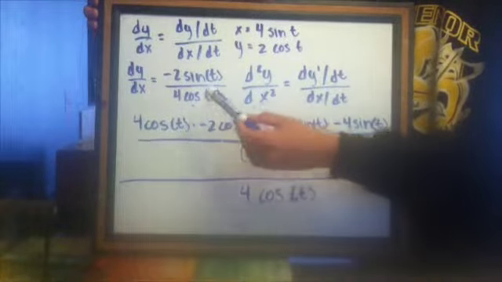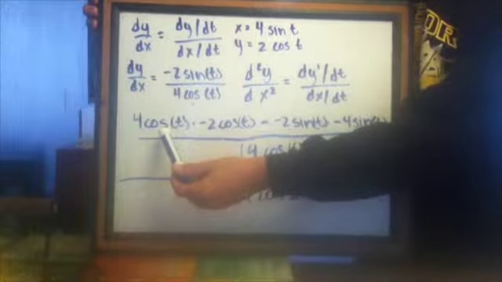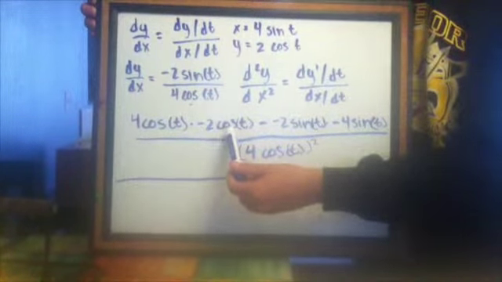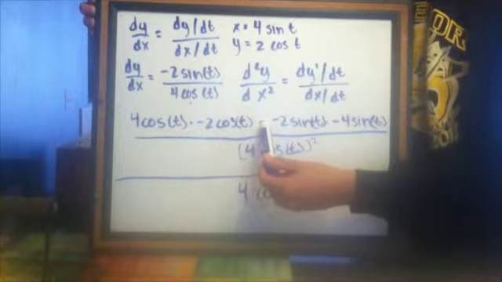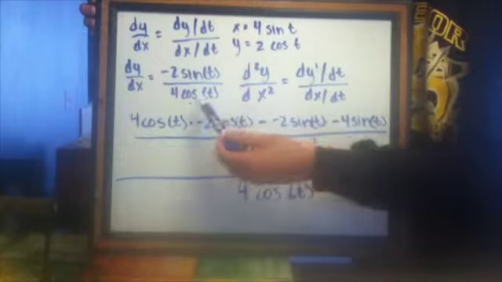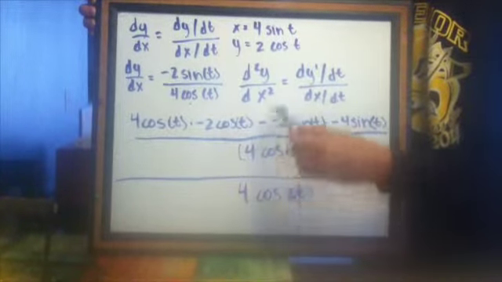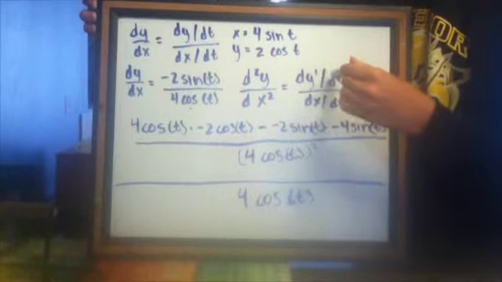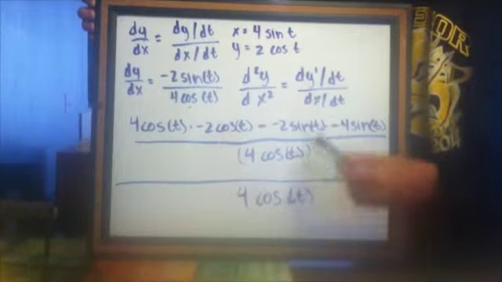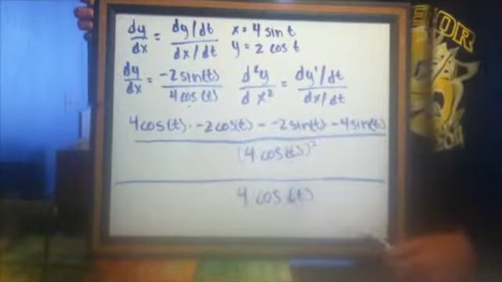And to find d(dy/dx)/dt, we do the quotient rule, where you take the bottom, you multiply it by the derivative of the top, and then subtract the top multiplied by the derivative of the bottom, all over the bottom squared. Then you divide the whole thing by 4 cosine t, because that's dx/dt.